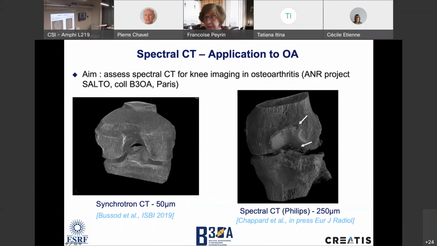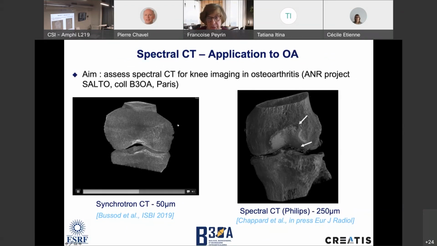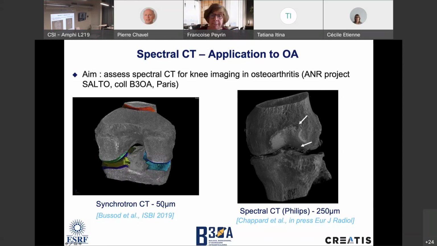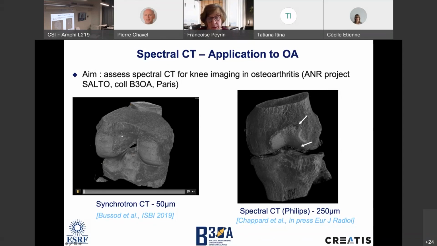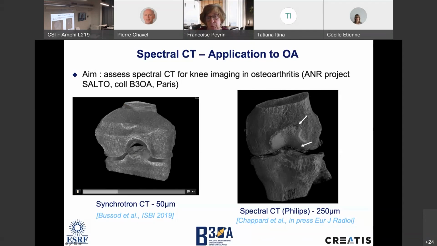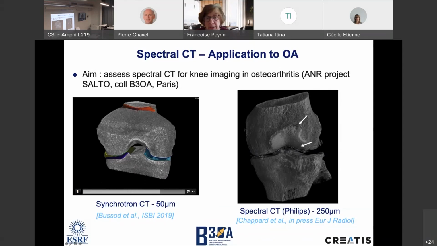For this project, we have done synchrotron imaging of the knee at a spatial resolution of 15 micrometers, from which we can clearly see the trabecular structure in the knee, but we can also segment the cartilage and quantify it.